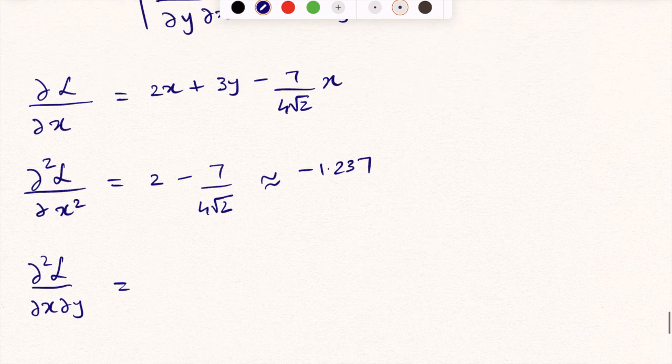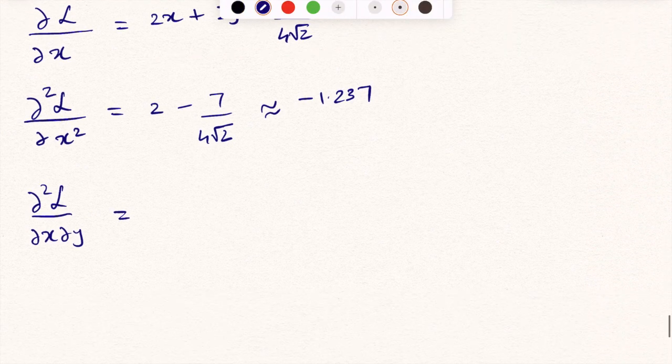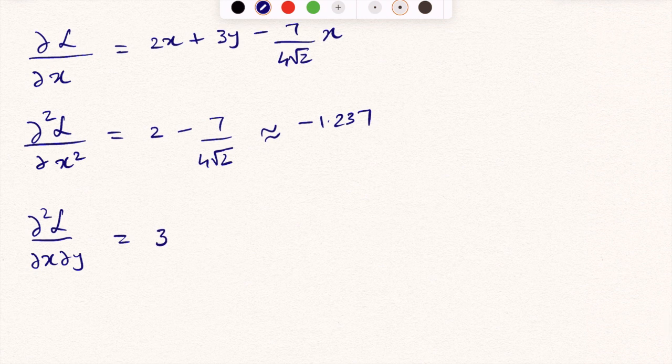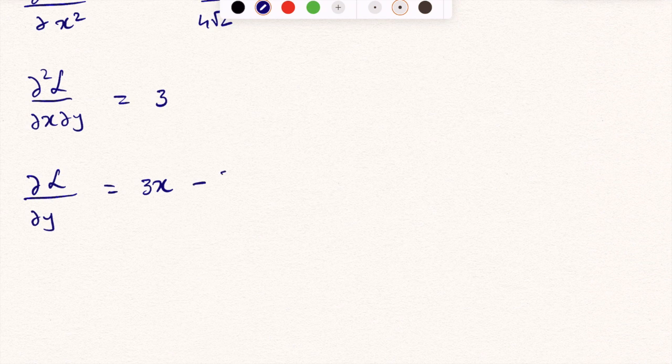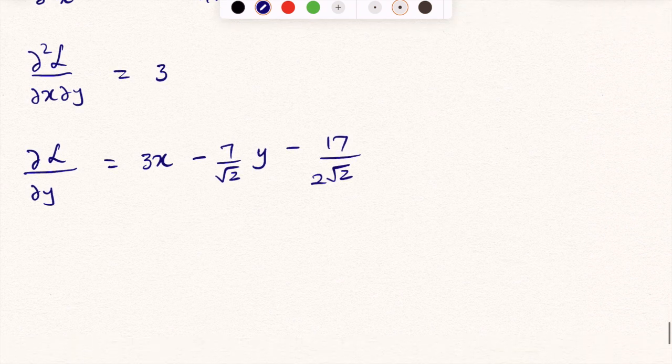So just taking the derivative of this over here with respect to y, we end up with 3. Again, continuing the same trend, partial L, partial y is equal to 3x minus 7 over √2 y minus 17 divided by 2√2.